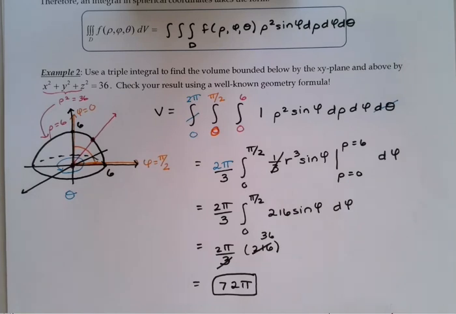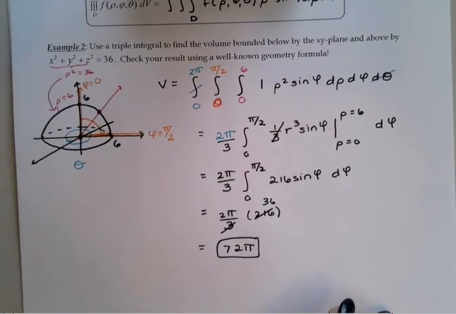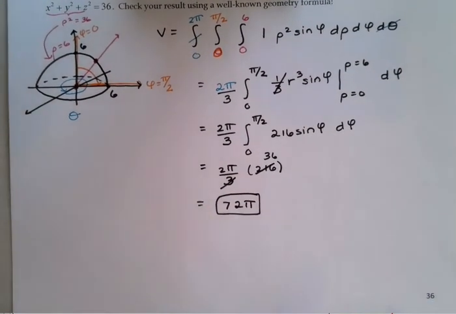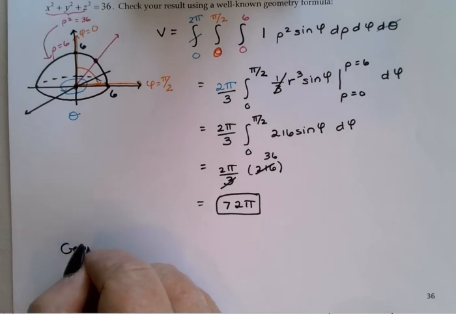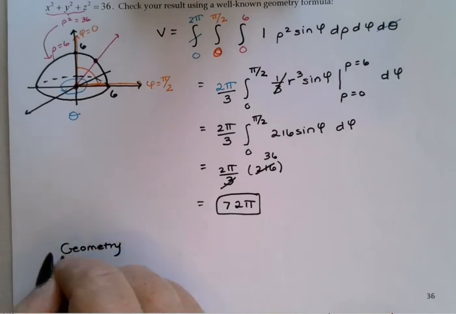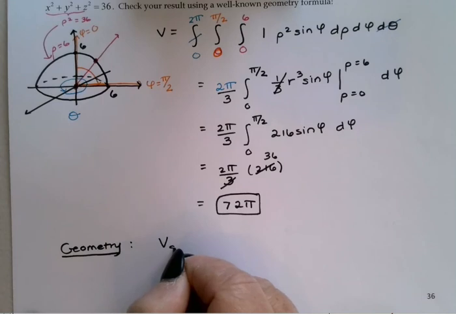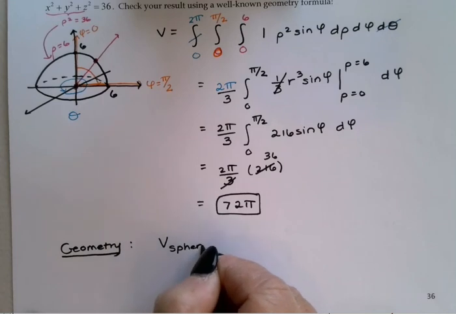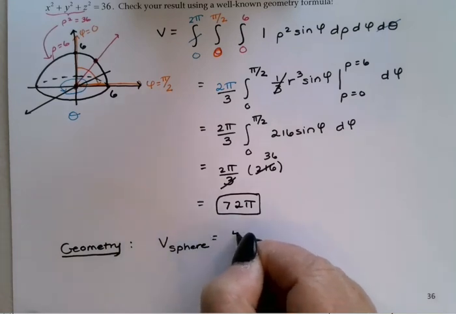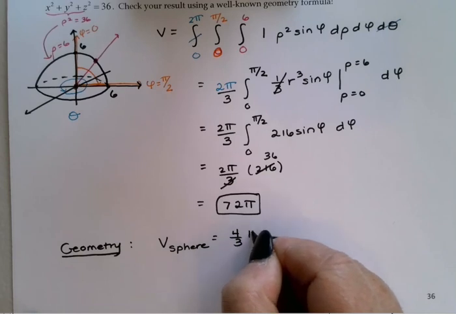Let's go back now to probably around 9th grade or so and look at the geometry method for finding the volume of a hemisphere. Volume of a sphere in geometry is 4/3 pi r cubed.